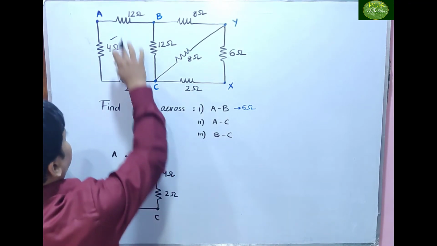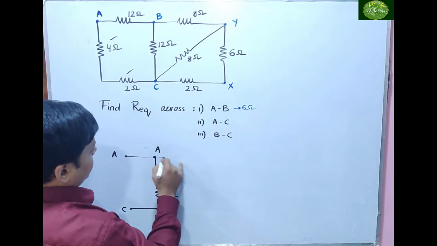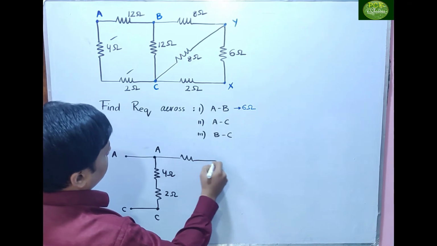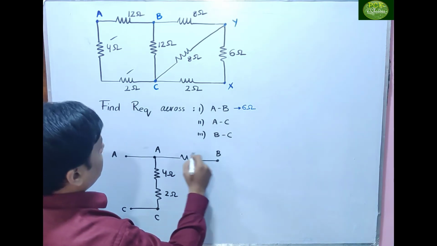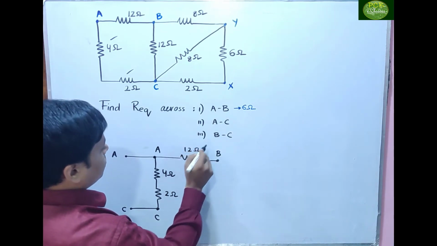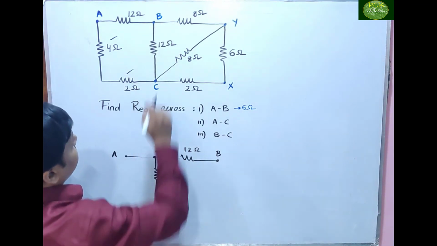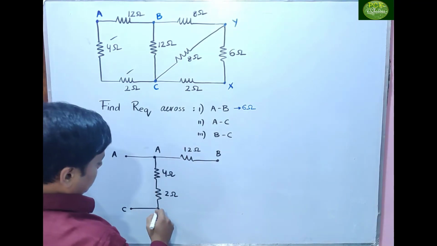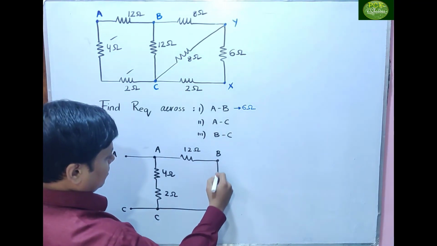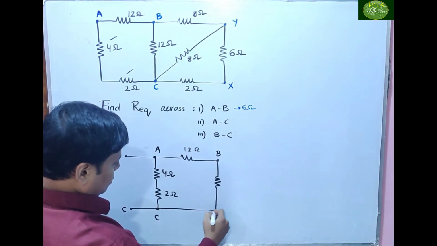Next, A to where it is connected? B. It's 12 ohm. Next, B to C. What is connected? 12. So I am taking C. This is 12.